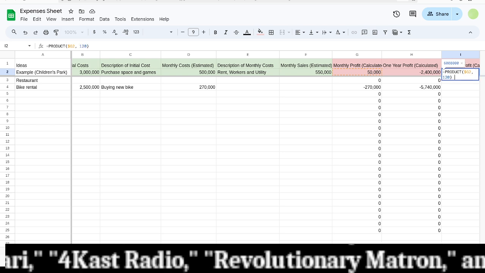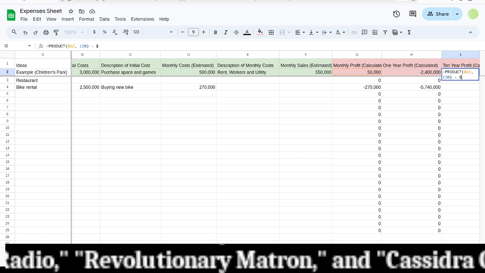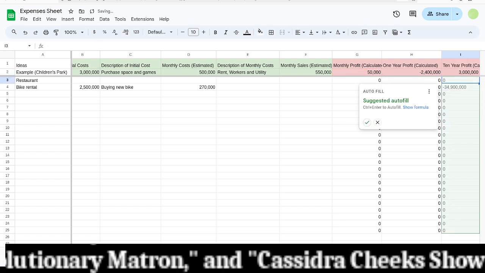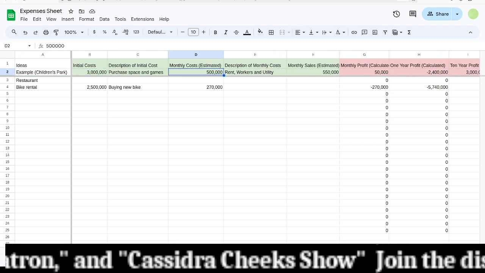And then you would subtract the initial cost, which is $B$2.